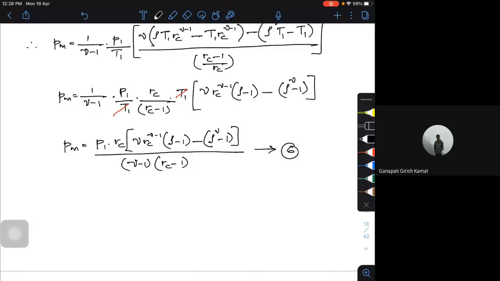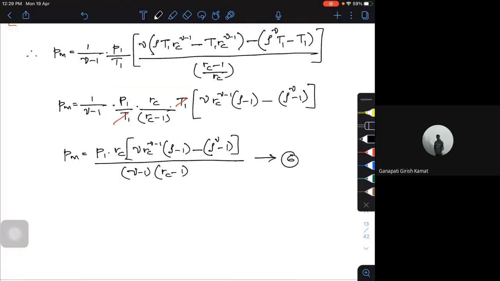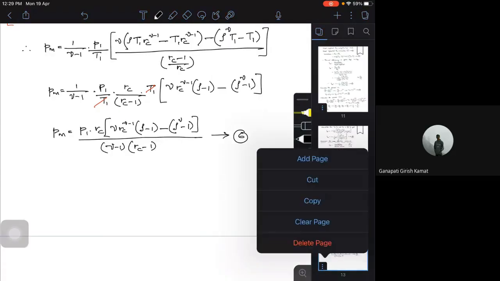If there are any doubts, please unmute, you can speak. Any doubts? There are no doubts. We'll move to the next thermodynamic cycle.